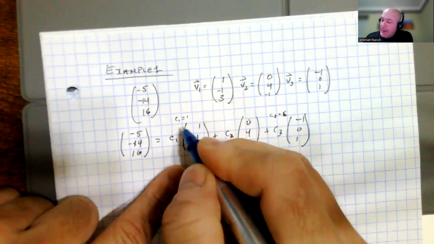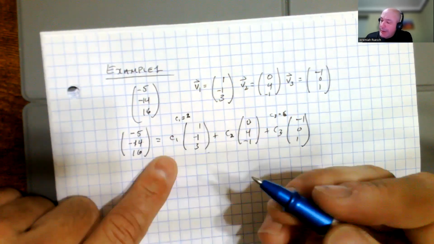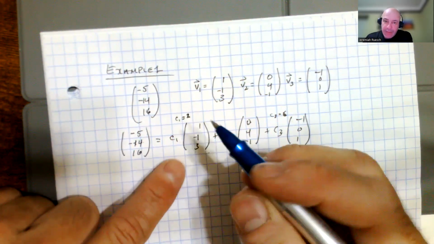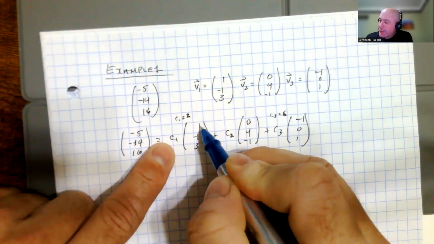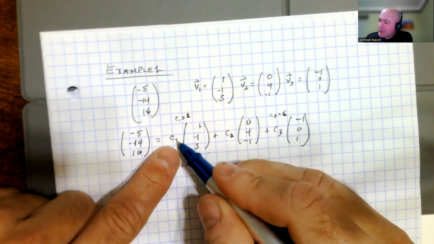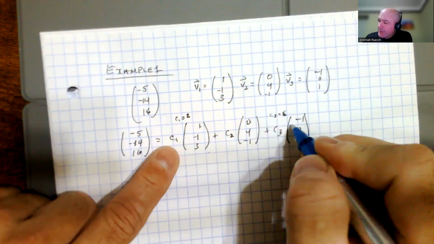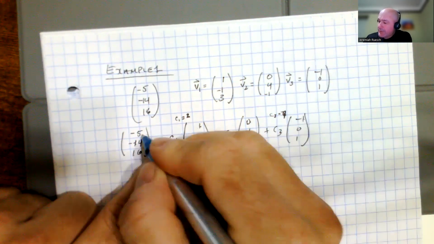I have a suspicion that if we try c1 equal to 2, that might get us somewhere close. So let's try that one and see what happens. If c1 is 2, what would that mean? c3 would have to be, well, if I'm going to add 2, that means 3, that would have to be a 7. 7 times -1 is -7 plus 2 would be -5.